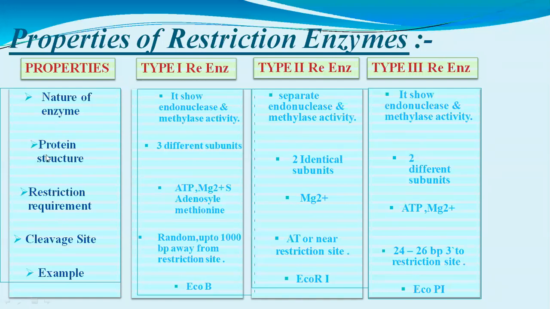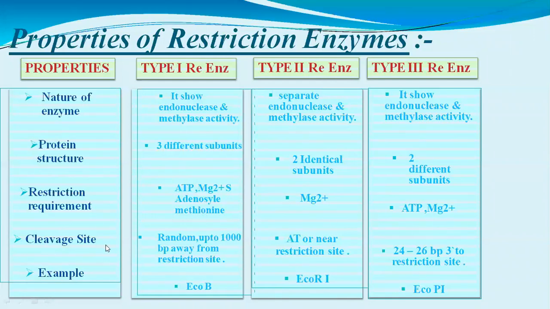Then protein structure: type 1 has three different subunits, type 2 has two identical subunits, and type 3 has two different subunits. So if you look at the structure, you will find this kind of a structure in there. Then restriction requirement: type 1 requires ATP, magnesium ions, and S-adenosyl methionine. Type 2 requires only magnesium ions, and type 3 also requires ATP and magnesium ions.